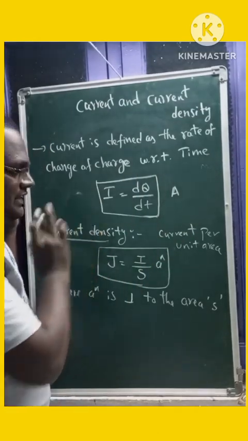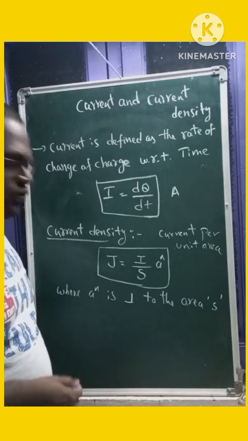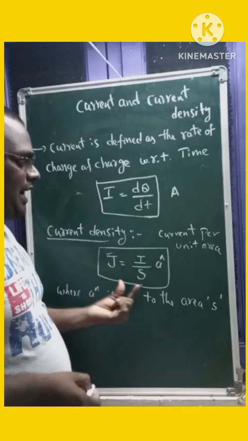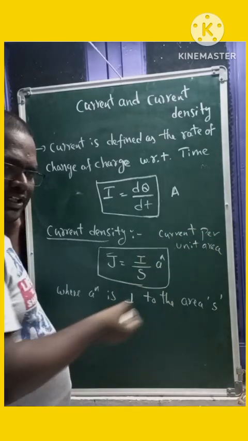Now coming to the current density. Current density is indicated with J, that is I by S, the current per unit area.